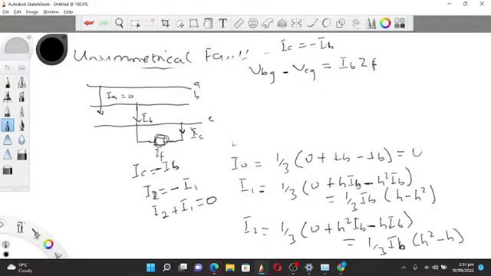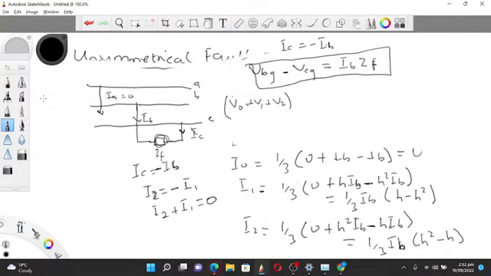So the voltage minus the voltage will give us IB times ZF. So we also have this expression. Now if I want to express VBG using symmetrical components, I know it to be V0 plus V1 plus V2.